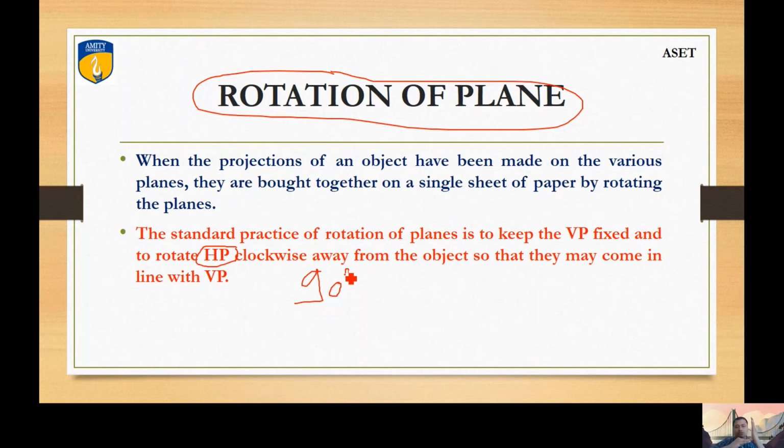Please keep in mind this rule: the HP always rotates 90 degrees clockwise, with respect to this XY reference axis, just to convert the two planes into a single plane. This is the rule.